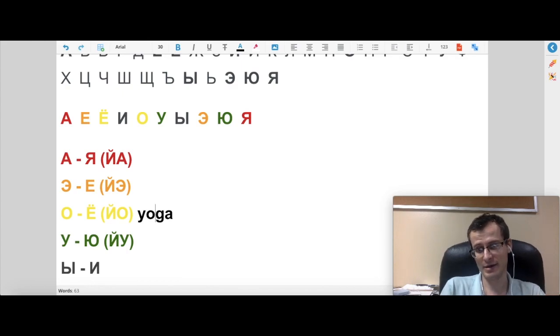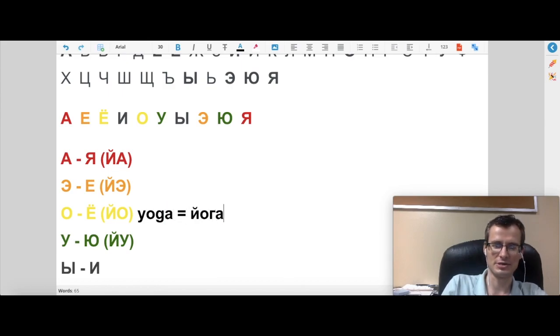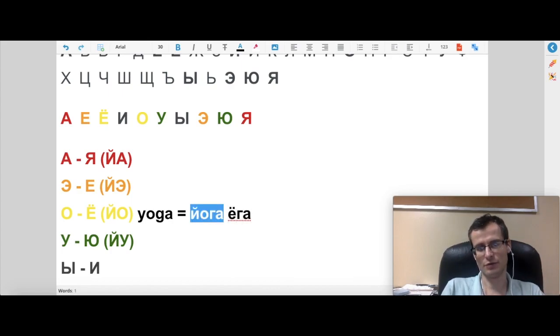And when we were borrowing it, we just tried to honor the original spelling. This is called transliteration. So we took the Y, the O, the G, and the A, and we replaced them all with separate sounds. So instead of spelling it as yoga with one diphthong letter, which we could have totally done, I guess, we spelled it as four letters.